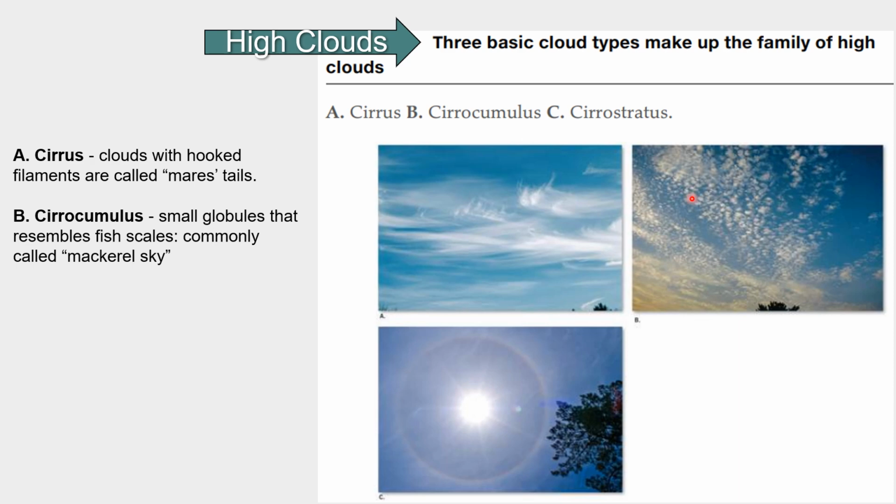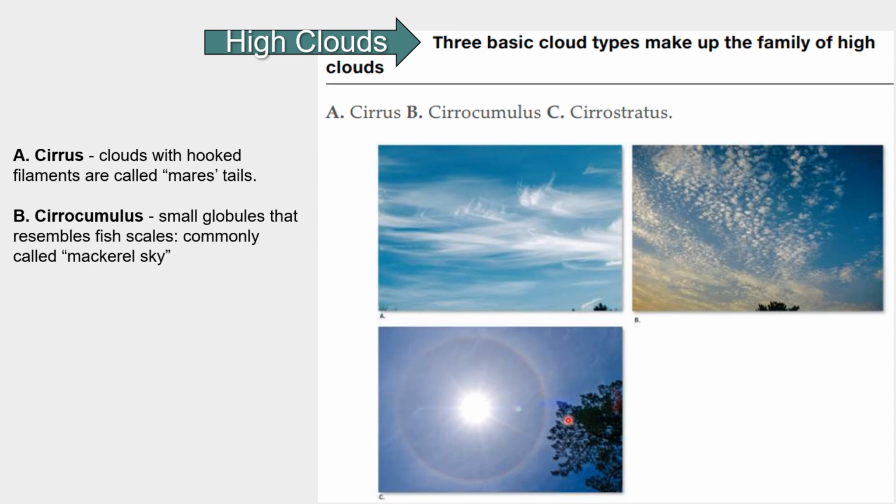This shows small globules that resemble fish scales, commonly called a mackerel sky. The cirrocumulus clouds appear as white patches composed of small cells or ripples.